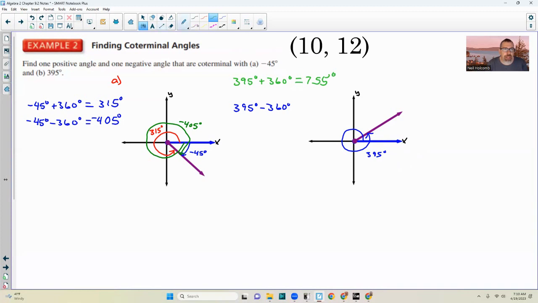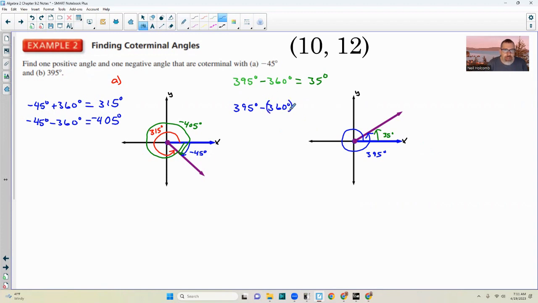So then we're going to take, and instead of add 360, we're going to subtract 360 and get 35 degrees. Okay, so then all I'd have to do is go like this direction, and say, oh, that's 35 degrees. Okay, and then I can subtract a multiple of 360.